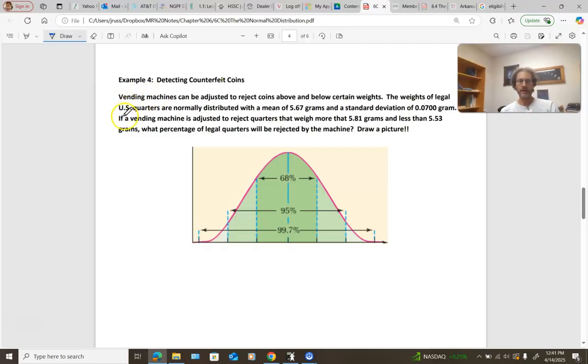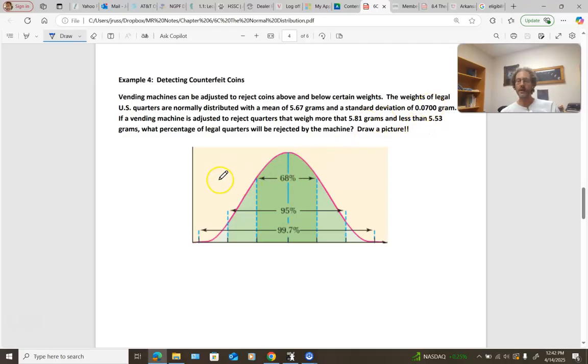And so the question says, if a vending machine is adjusted to reject quarters that weigh more than 5.81 grams and less than 5.53 grams, what percentage of legal quarters will be rejected by the machine? And it says draw a picture.